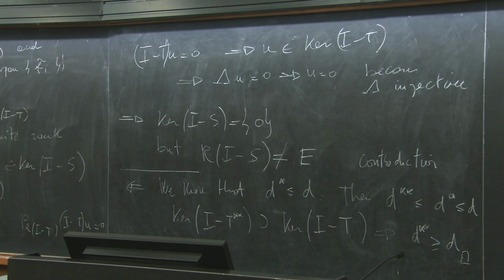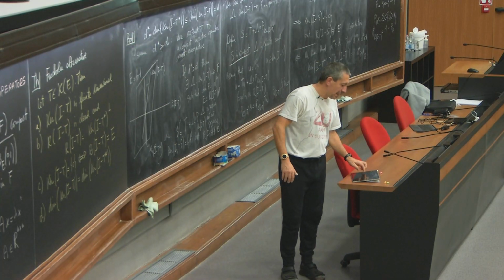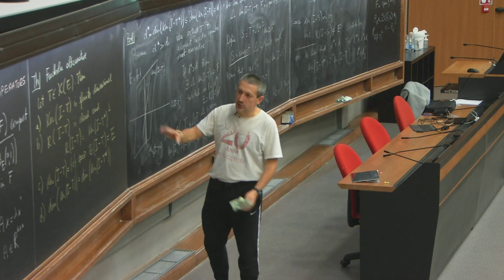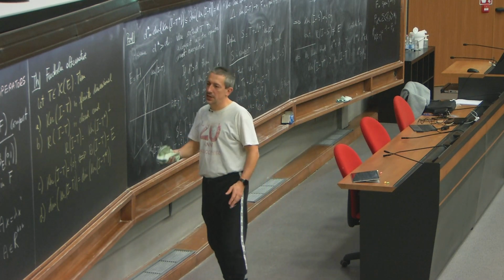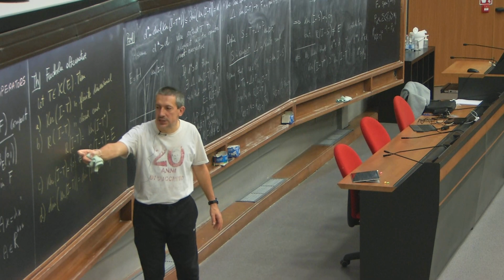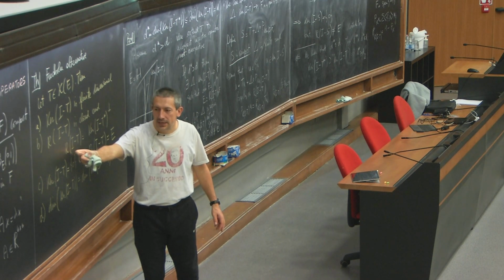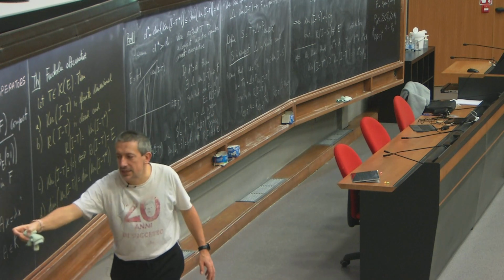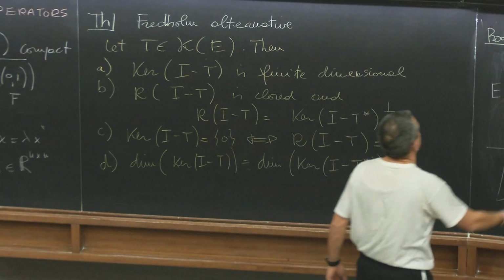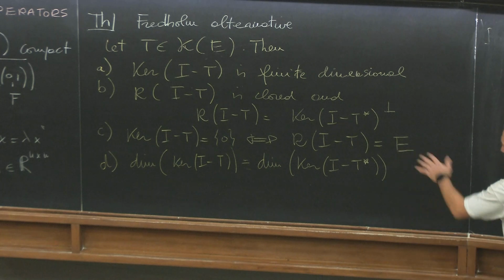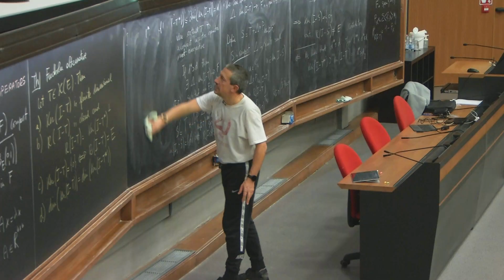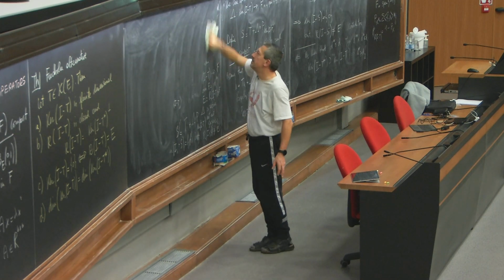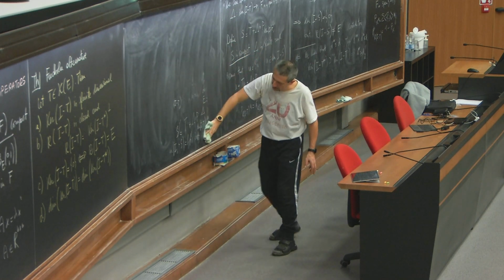Okay, now with this in hand, we do the last part, which is the spectrum. And it's already almost there, because it's something like studying the spectrum when lambda is equal to 1. You see, it is identity minus T equal to 0. So we keep this theorem, which is needed in the following, and then we discuss the spectrum of a linear operator.